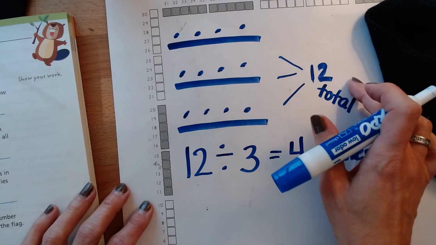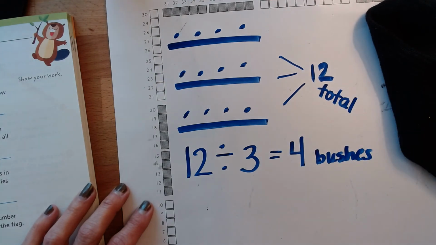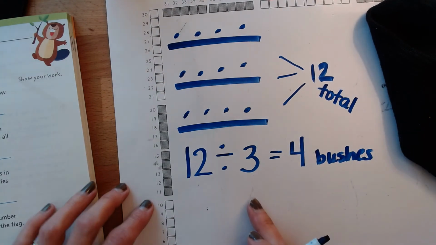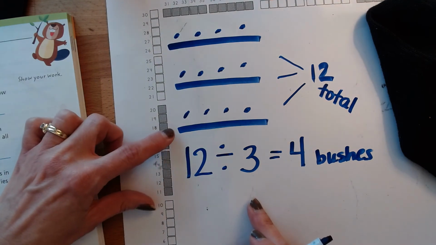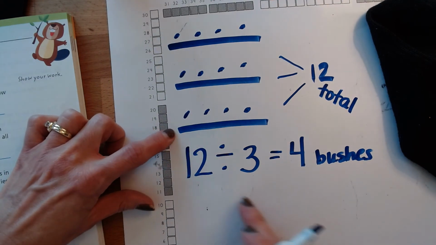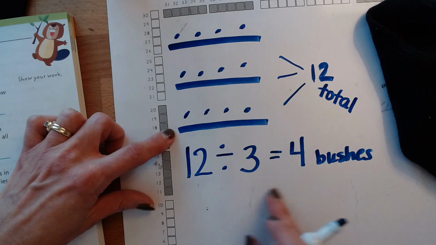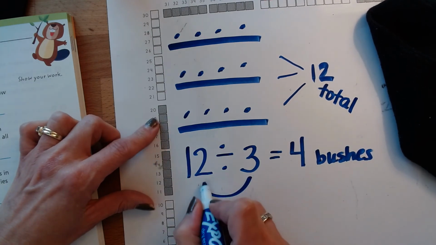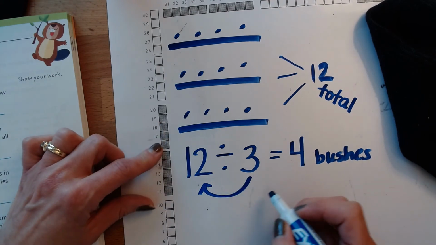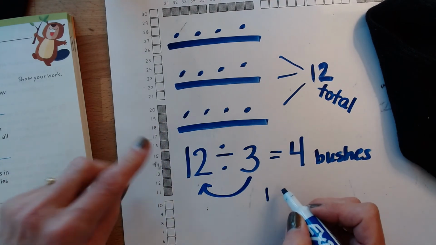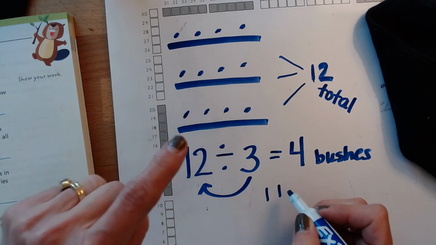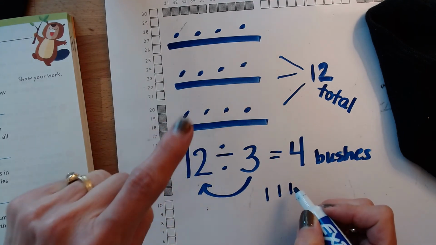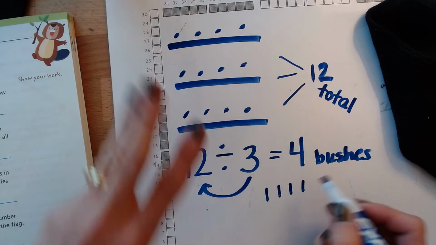When I have the total, I have to share them equally. Pretty soon, you'll start to know your facts, and you'll know, okay, if I have 12 and I have 3, I know my missing factor is 4. Remember, another way to solve it is count by 3s up to 12. 3, 6, 9, 12.